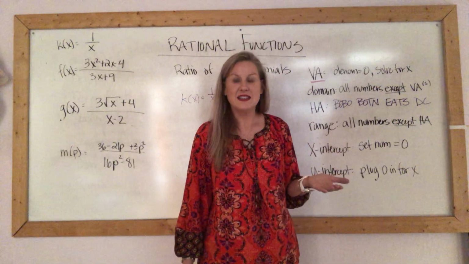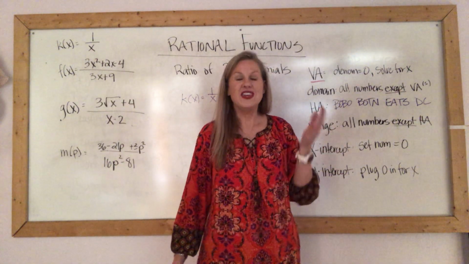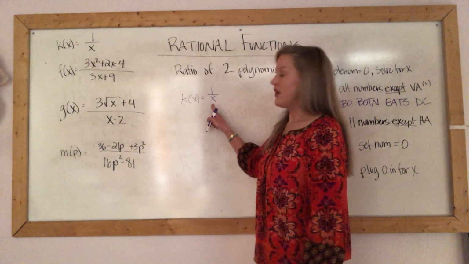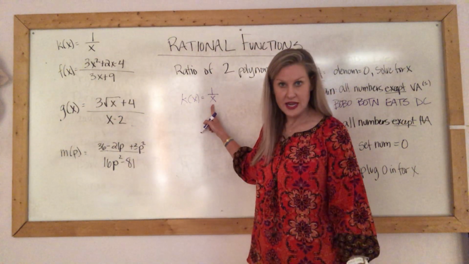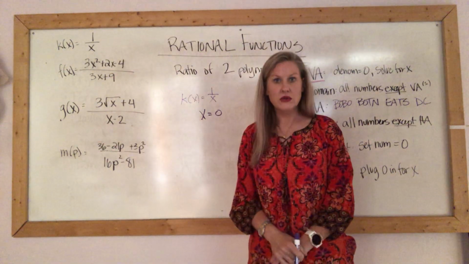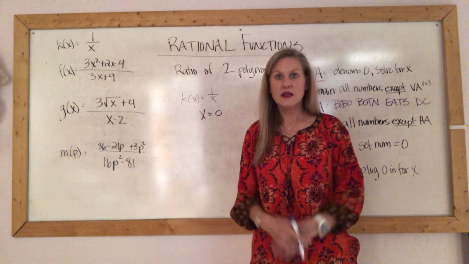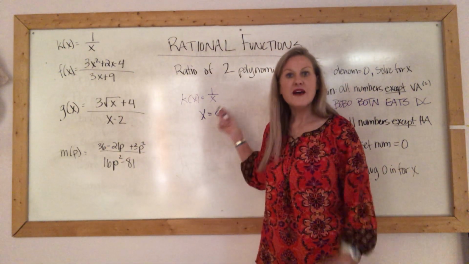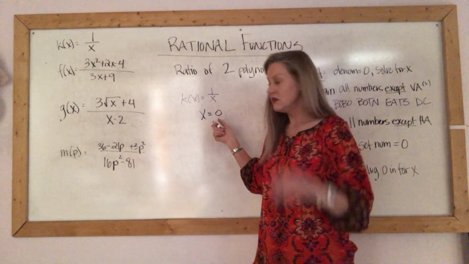Whatever you get, those are the equation or equations of the vertical asymptotes. So if I take this denominator, which is just x, and I set it equal to 0, and I solve for x, thank you very much, it's done. That is my vertical asymptote.